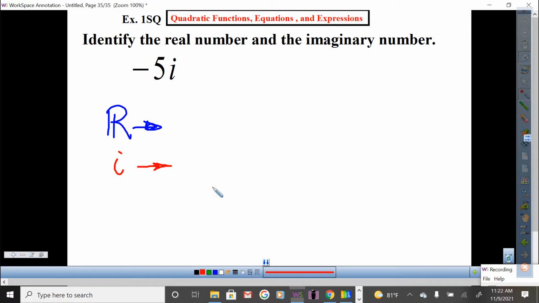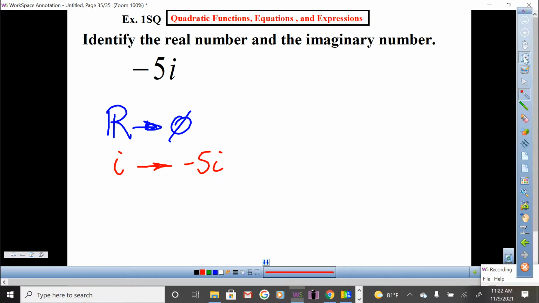Alright, tell your neighbor the real and tell your neighbor the imaginary for that complex. Alright, let's see. Real number. Sandra, what did you get for your real? 0. And for your imaginary? Negative 5i. Hands if you got that.